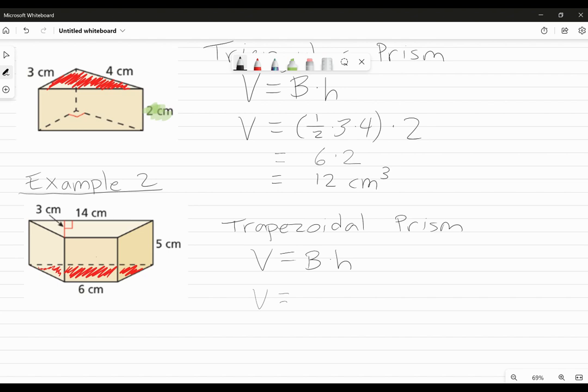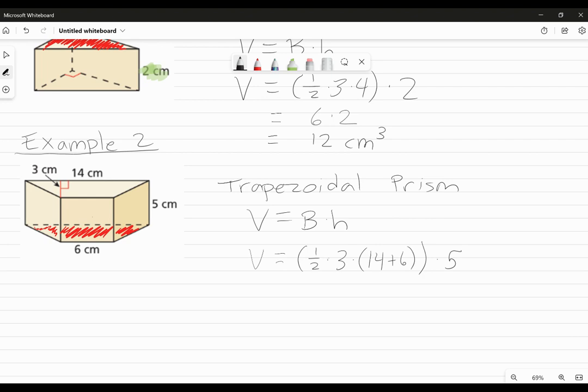So we're going to have the area of a trapezoid is 1/2 times the height of the trapezoid. So the height of the trapezoid is 3, and then times the sum of the bases. So that's 14 plus 6. Then that's all going to be multiplied times the height of the prism.